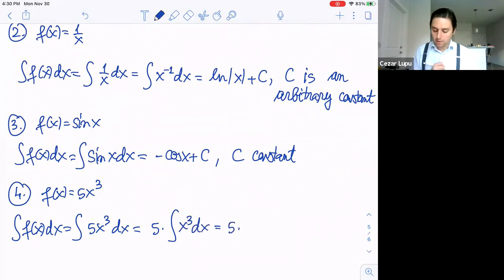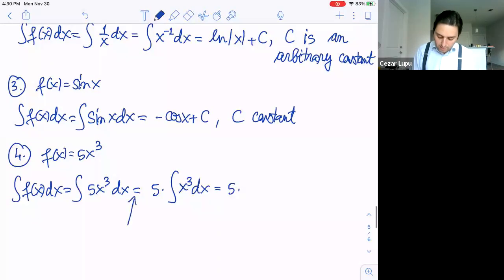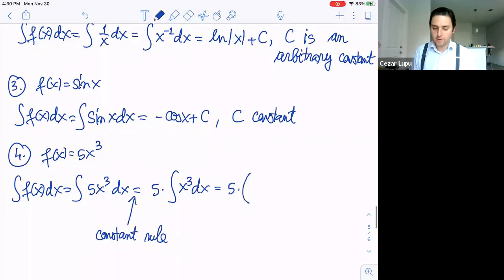And now we will apply the power rule, so this will be 5 times, and let's be careful here, x to the fourth over 4 plus a constant, so this would be 5 over 4 x to the fourth plus c. Again, c is constant.